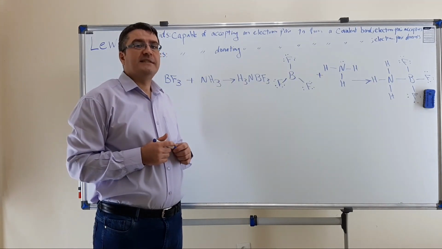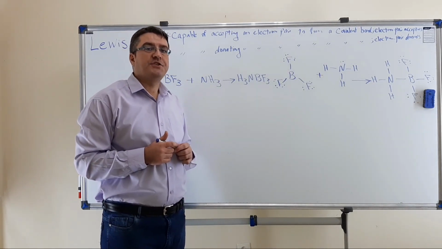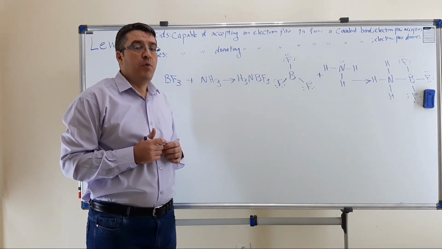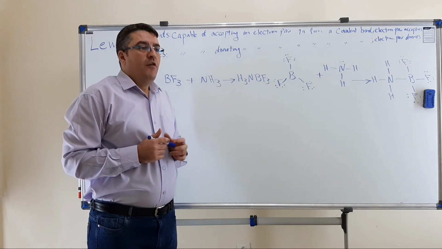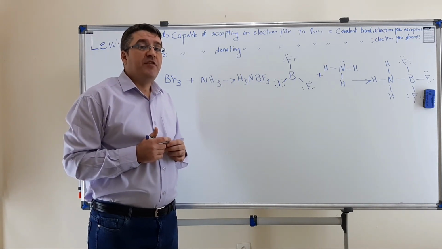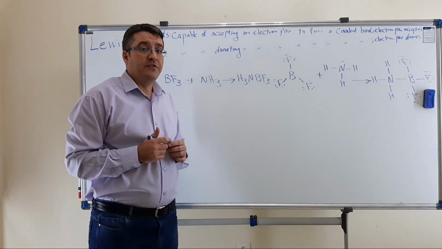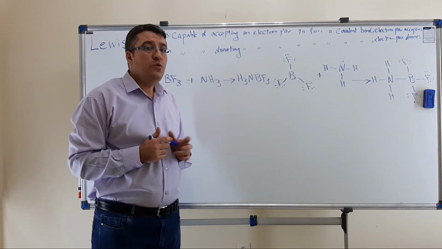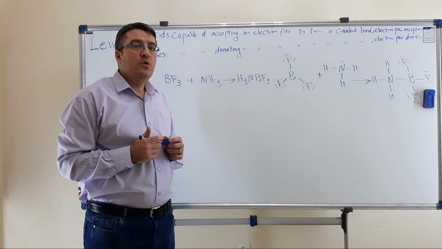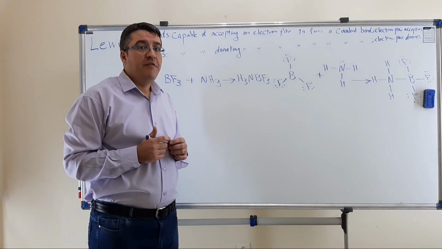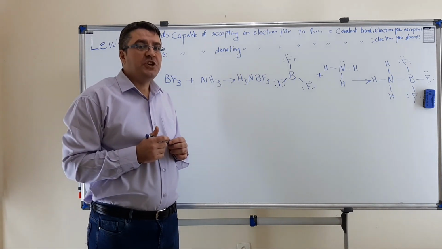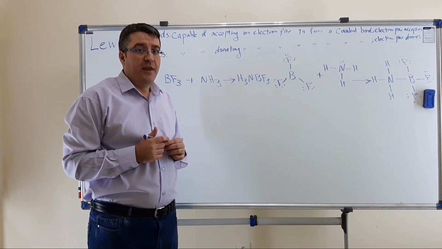In the context of acids and bases, acid-base reactions, or reactions between acids and bases, are very important. What happens in an acid-base reaction is different from one acid-base theory to another. Based on the Lewis acid-base theory, in a reaction between a Lewis acid and a Lewis base, we have sharing of an electron pair and formation of a covalent bond.